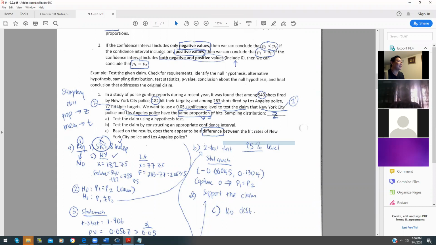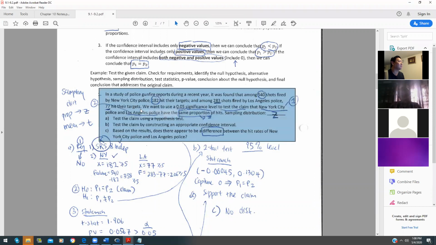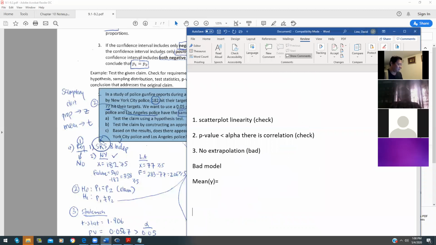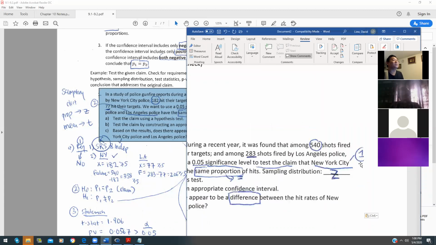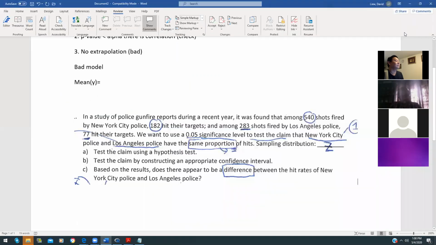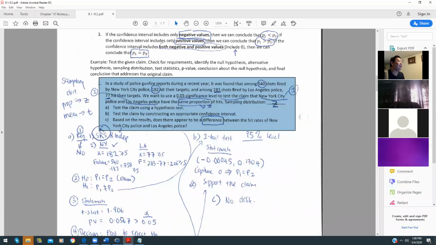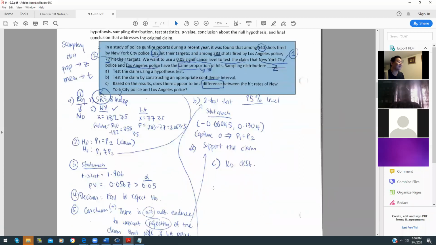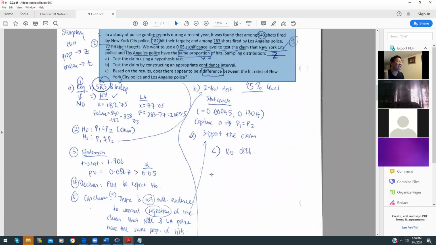This is what test 3 looks like. There are open-ended parts that look something like this. You have to show me all the work here. Yes, this one is worth 15 points in your test. So you do have to show me the work.